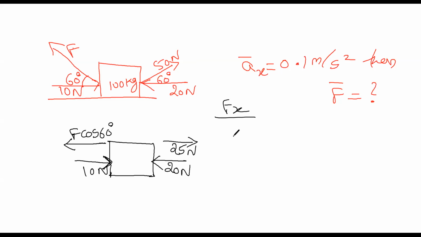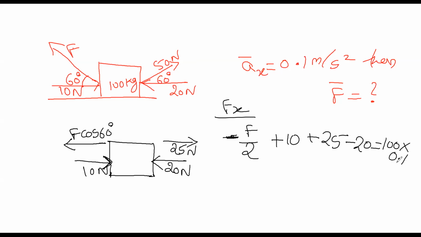So minus F cos 60, take that minus, plus 10 Newton, plus 25 Newton, minus 20 Newton should be equal to 100 kg into 0.1 meter per second square. F cos 60 is how much? F by 2. Minus F by 2. 100 into 0.1, that's it, right? So now just calculate.